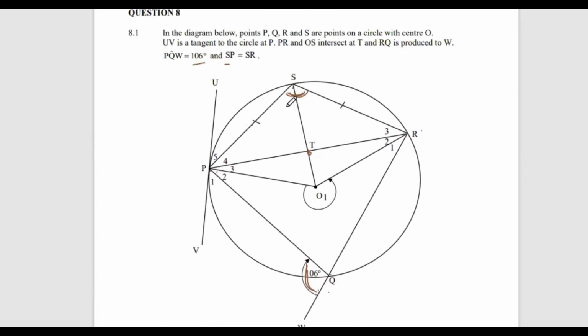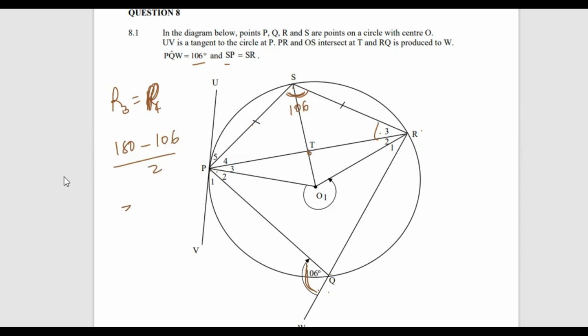So if this is 106, how do we get R3? We know that this side is the same as that side, so that's an isosceles triangle. So we're just going to say that R3 is the same as P4. So for me to get R3, I'll get 180 minus the 106, and then I'll divide by 2.